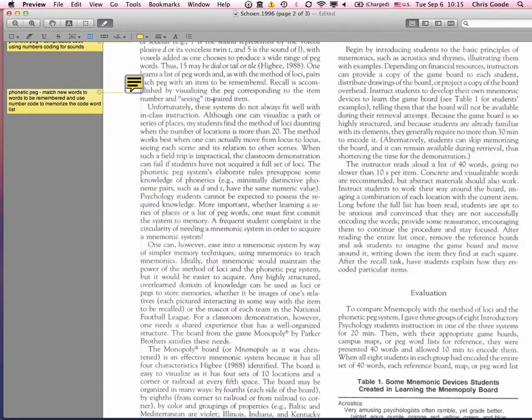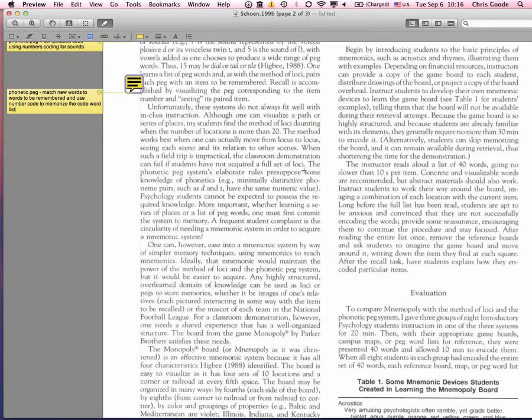Let's read on. Systems don't always fit well within class instruction. One can visualize a path. Method of loci is daunting when the number of locations is more than 20. The method works best when you can move from locus to locus, like actually walk from my office over here. When a field trip is impractical, classroom demonstration can fail if you have not acquired a full set of loci, if you don't have enough locations in mind.